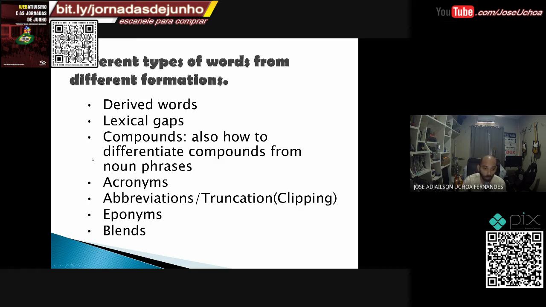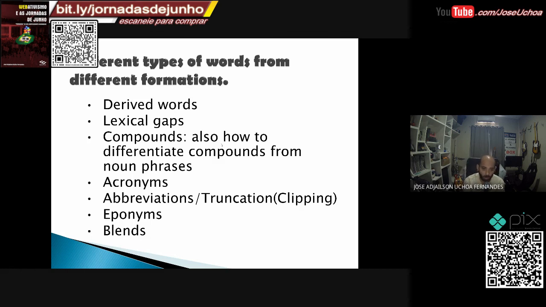So these are the seven word formation processes in English. Words in English are either derived from some other word, they are lexical gaps if they are not words at all, if they are neologisms. They can be compounds, so we have two pre-existent words and we join them together to form a third one. They can be acronyms based on the initials.